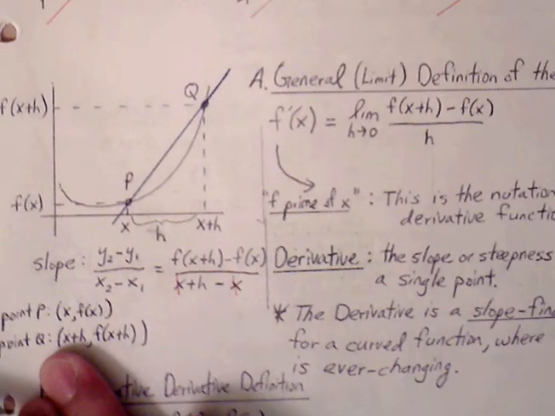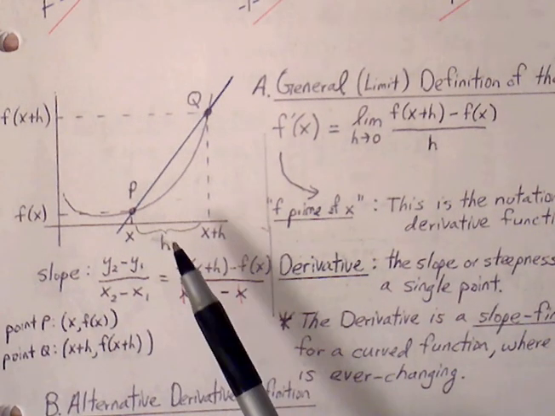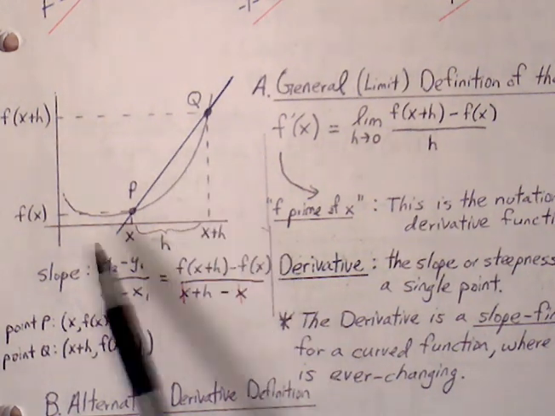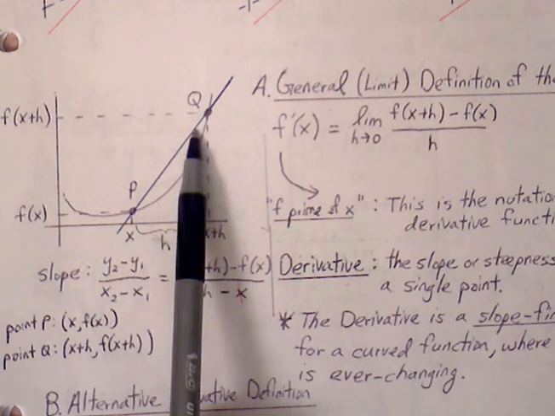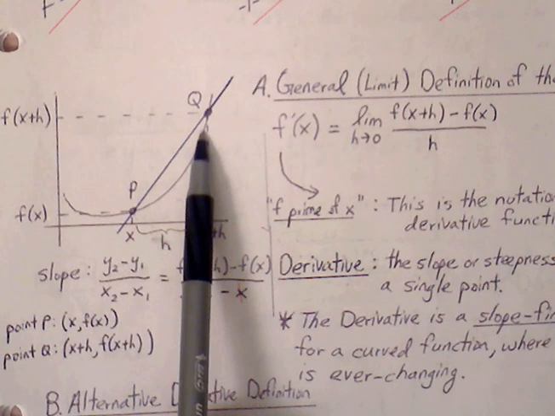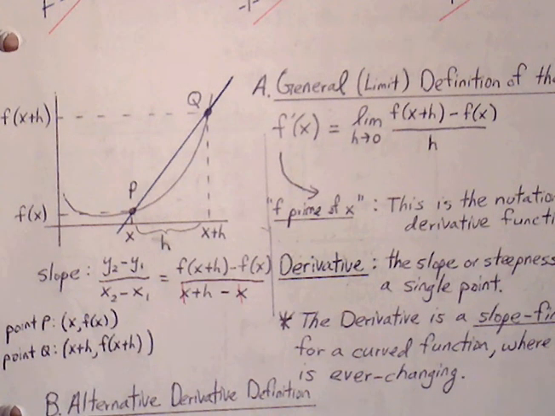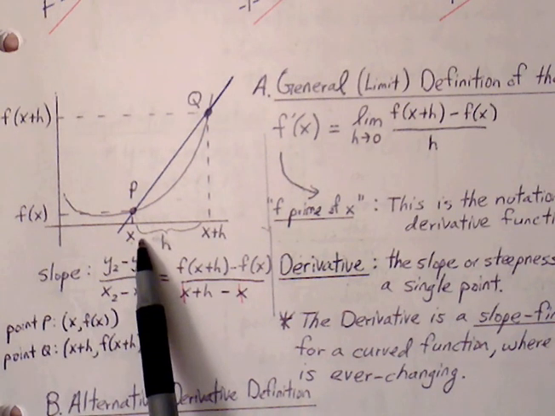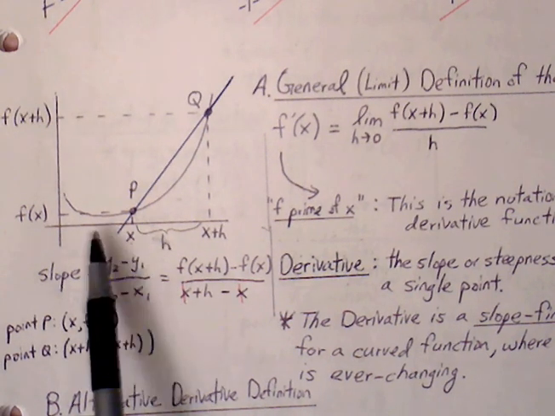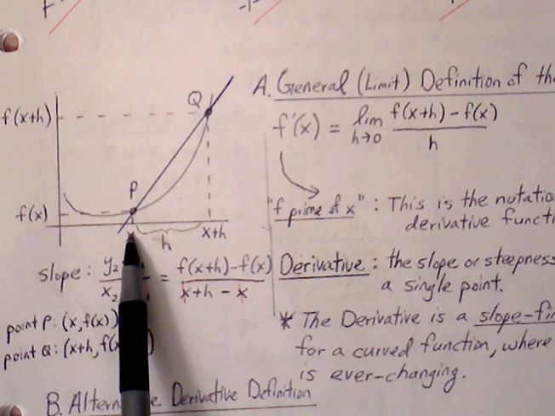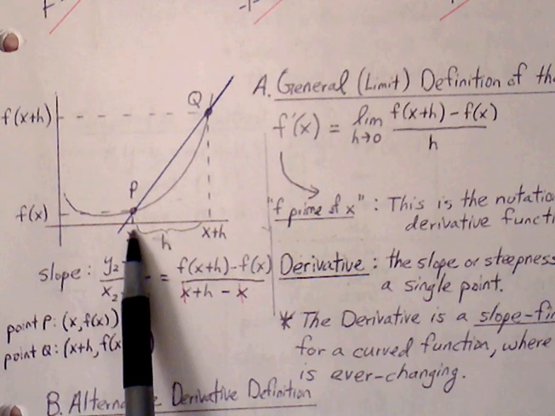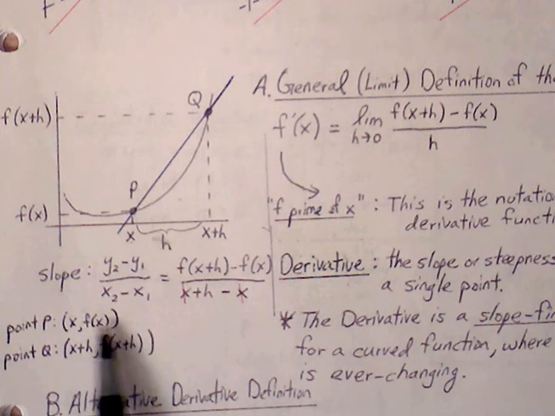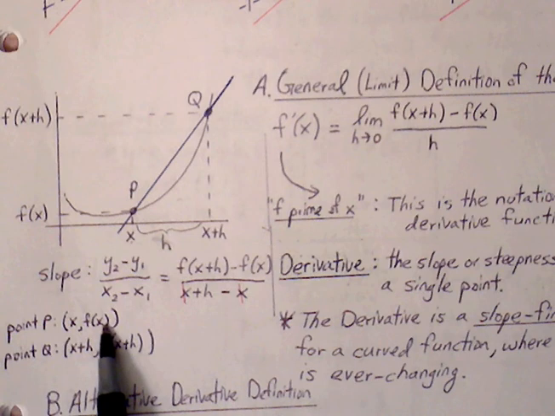So here we're going to be assigning point P and point Q in terms of variables x and h. Let's say point P is some x distance away from the origin, and f of x represents the y value of point P. So here I have point P being (x, f of x).